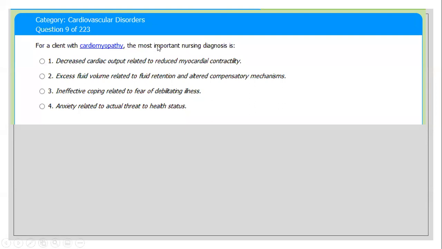Number one, decreased cardiac output related to reduced myocardial contractility. Number two, excess fluid volume related to fluid retention and altered compensatory mechanisms. Number three, ineffective coping related to fear of debilitating illness. Number four, anxiety related to acute threat to the heart's sinus.